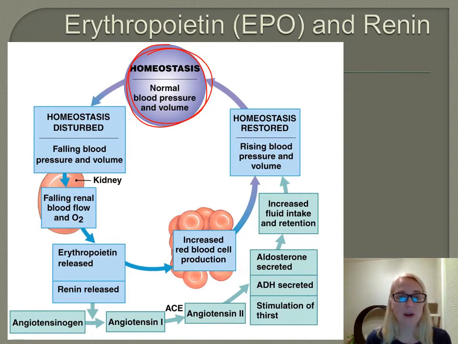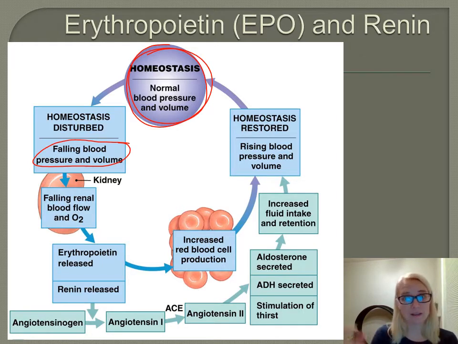But let's say we have an imbalance in which we're losing blood volume and blood pressure. Falling blood volume and blood pressure is the trigger. I guess this would be humoral, because we're monitoring what's going on in the blood. The kidney sees a lot of your blood all the time. Your whole blood volume is circulated through your kidneys about every 4 or 5 minutes, so it's a great monitoring site to see what's going on in your blood.